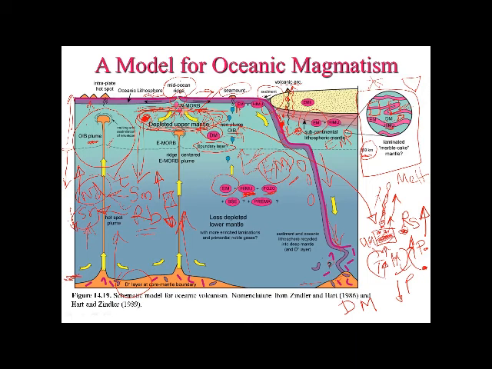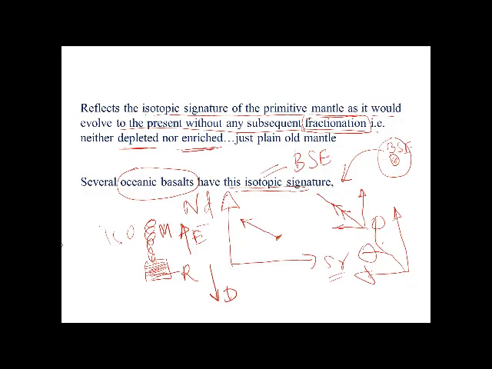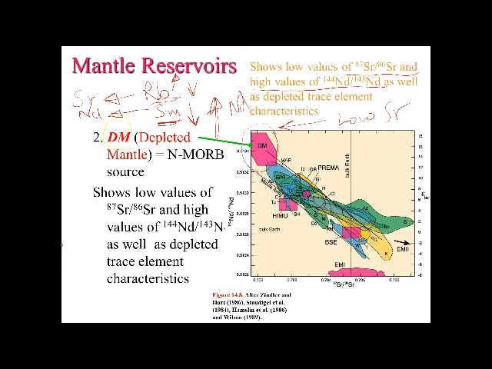Therefore, you are always getting a low value of strontium. That's the reason why you have low strontium isotopic composition and high neodymium isotopic value for the depleted mantle.